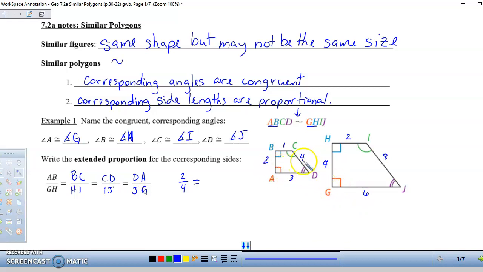All of these corresponding sides would be in a ratio of 1/2 if you reduced them. So you have the 1/2, BC to HI, CD, so 4/8, and then lastly, DA to JG is 3/6. But all of these reduce to 1/2, and therefore they are proportional. Okay, so that's how this works here. The angles are congruent, but the side lengths are in the same ratio, or in other words, they are proportional.